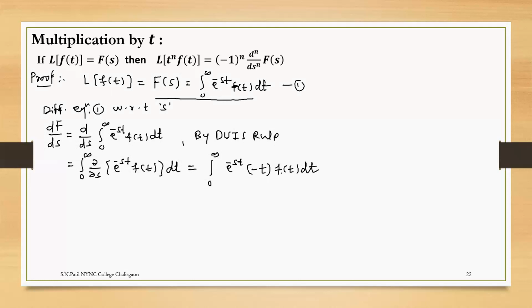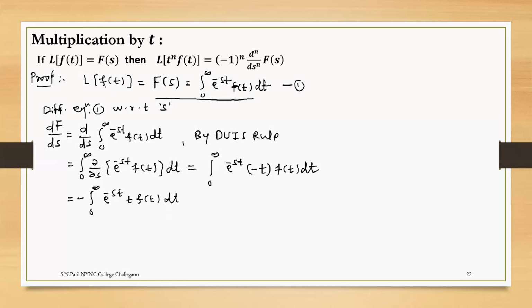The limits are constant here, so there is no need for the extra term. The minus sign is constant, so it is outside the integral from 0 to infinity of e raised to minus st times t into f of t dt.